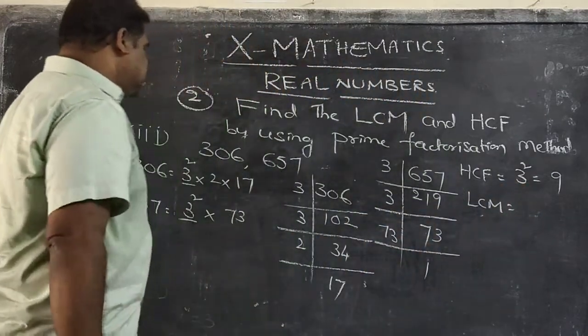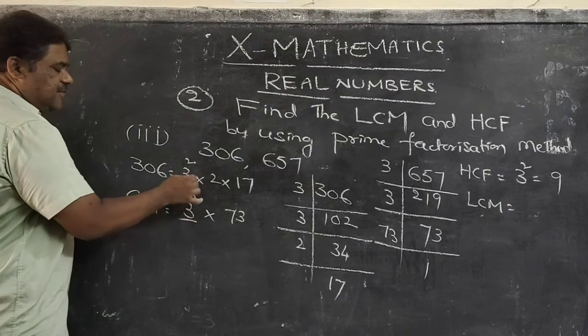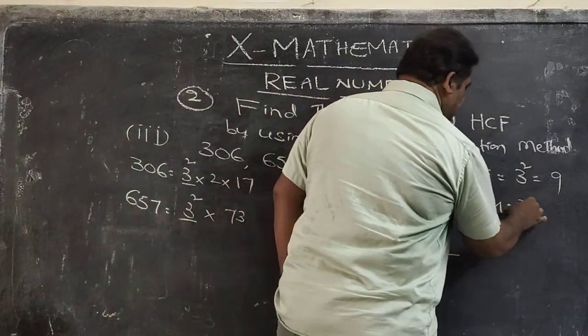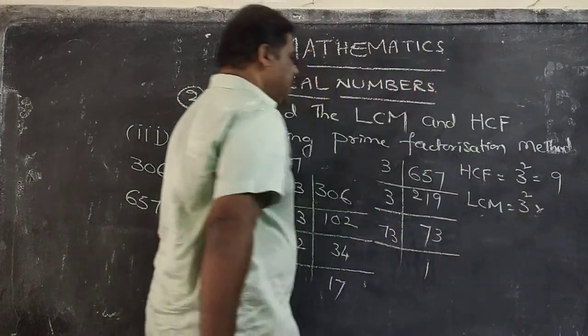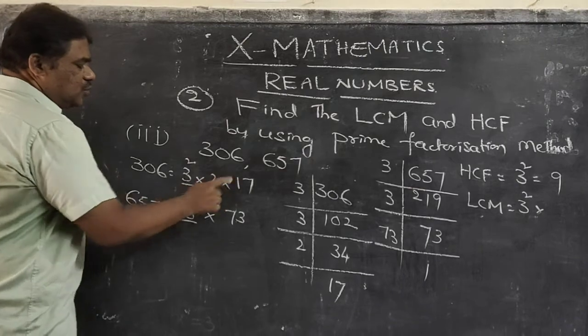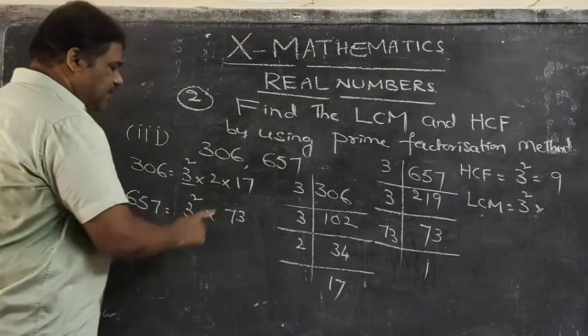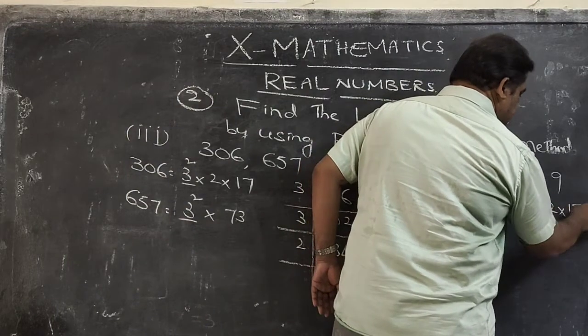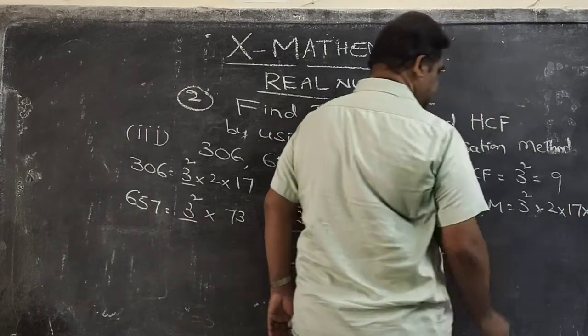Now LCM means common factor with highest power. 3 square is common, both are having same power, so 3 square into remaining all factors we obtained. Here remaining factors are 2 into 17, here remaining factor is 73. So 2 into 17 into 73.